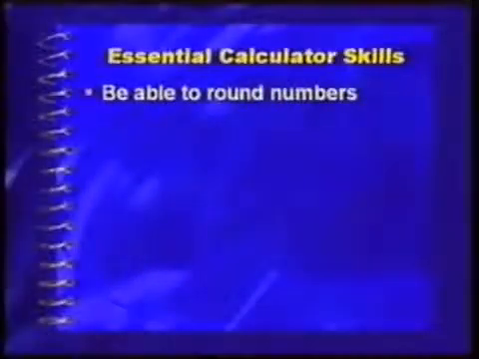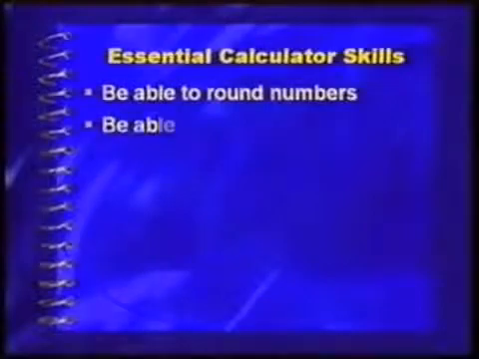Apart from a textbook, to succeed in this subject you will need a calculator. Now initially a simple scientific calculator will do. Later perhaps you might want to buy a graphics calculator. There are some important skills that you have to learn, and I've listed those again here on the screen. You have to be able to round numbers, and you use a calculator.